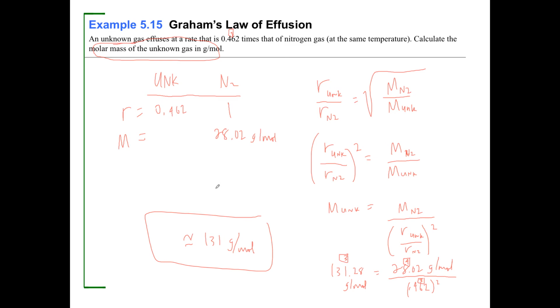And son of a gun, xenon is 131.29. Awesome. So the question doesn't ask what is the gas, but you can see that would be a natural question for it. Okay, that's example 5.15 on page 206, and that's it for mean free path, diffusion, and effusion. Graham's Law of Effusion.